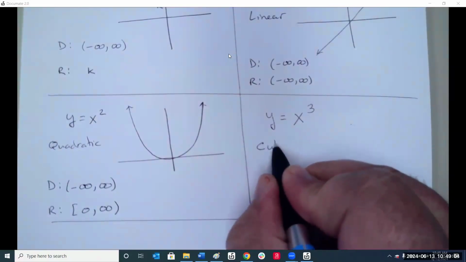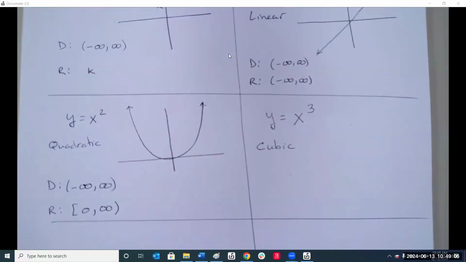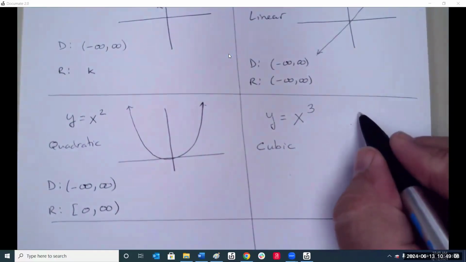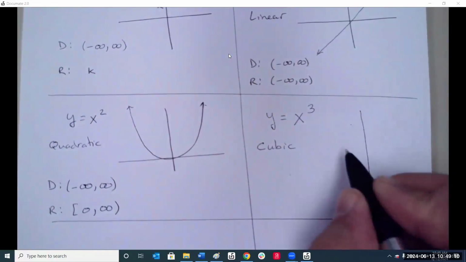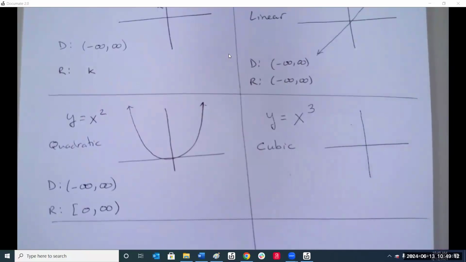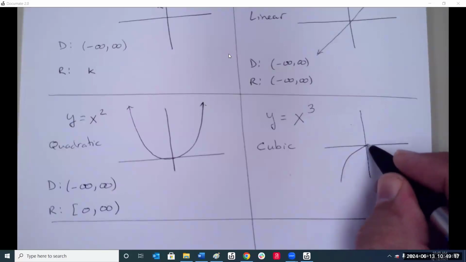The next one is called a cubic function. The cubic function looks like this.